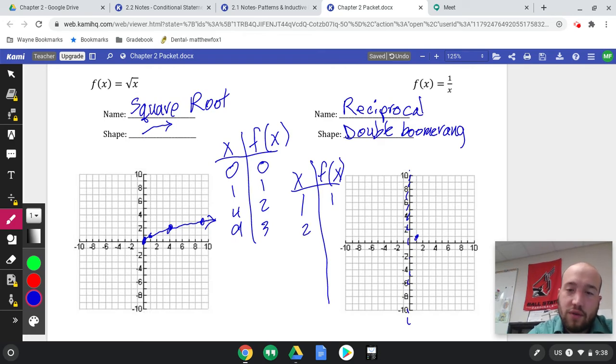Okay. Now, if we plug in a value of 1, 1 over 1 still gives us 1. Now, 1 over 2, that's going to give us 1/2. 1 over 3, 1/3, 1/4. It keeps getting closer and closer to 0, but it's never quite going to get there. Okay. Now, if I put in like a 1/2, 1 over 1/2 actually gives us 2. Okay, so it's going to go the same way on this one.